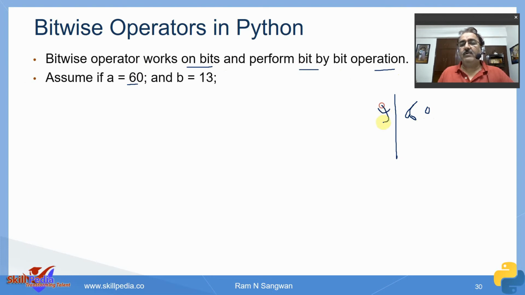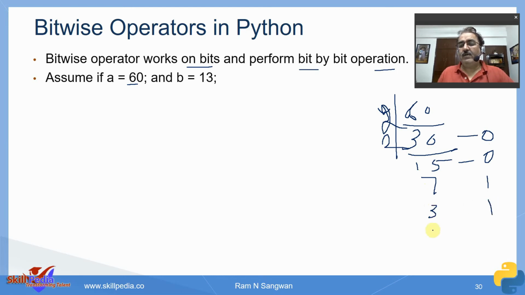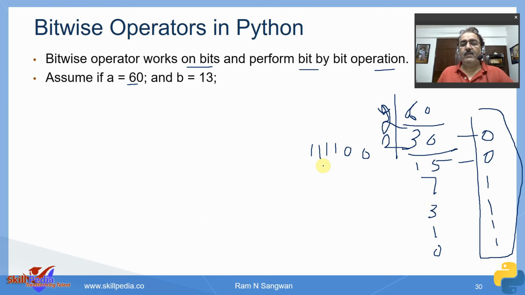Keep on dividing by 2. 2 30s are 60, remainder 0. 2 15s are 30, remainder 0. 2 7s are 14, remainder 1. 2 3s are 6, remainder 1. 2 1s are 2, remainder 1, and 2 0s are 0, remainder 1. So this is the representation in reverse order. So 60 is 1 1 1 1 0 0. This is how you convert a decimal number into binary.